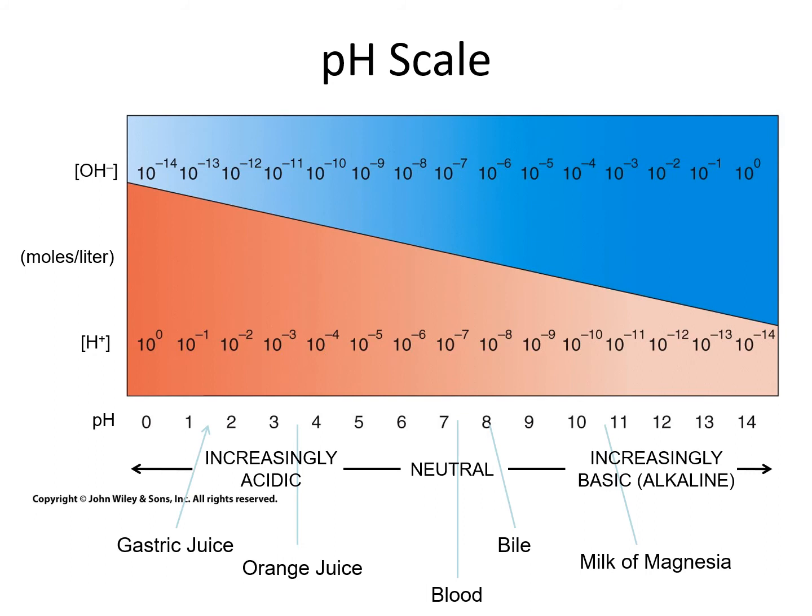Something that's very acidic has lots of hydrogen protons and has a low pH. Something that is very alkaline has a high concentration of hydroxyls and a low concentration of hydrogen protons and has a large pH number.